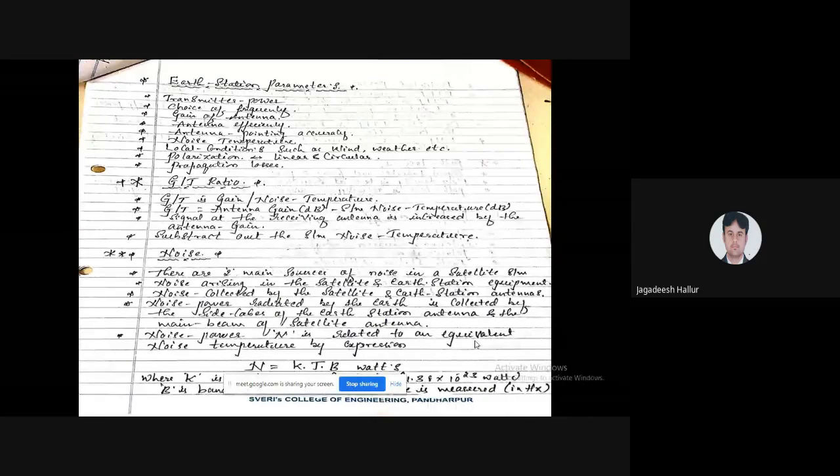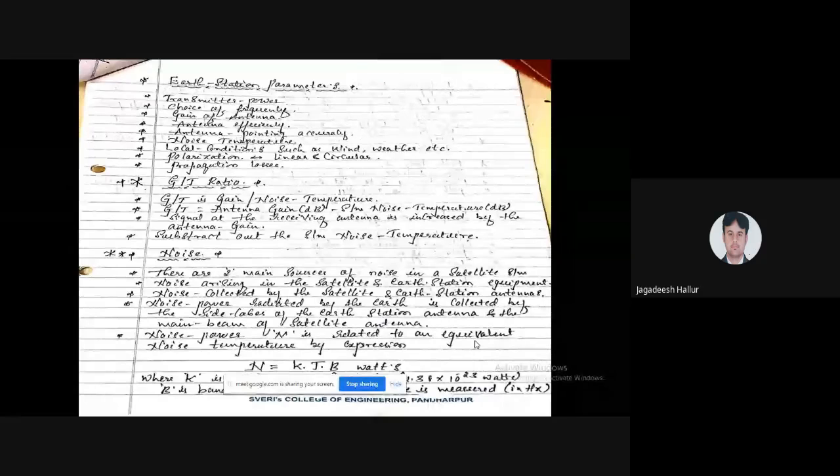Based on that, they are going to consider a particular antenna, and the antenna pointing accuracy. These 3 points are very important for considering the antenna. When they test a particular antenna, they test the accuracy, efficiency, and gain of that antenna. These are the only 3 parameters they see while testing an antenna.